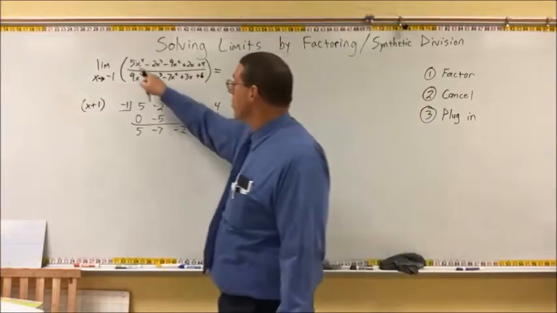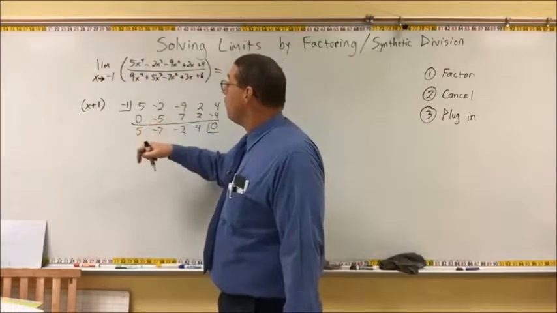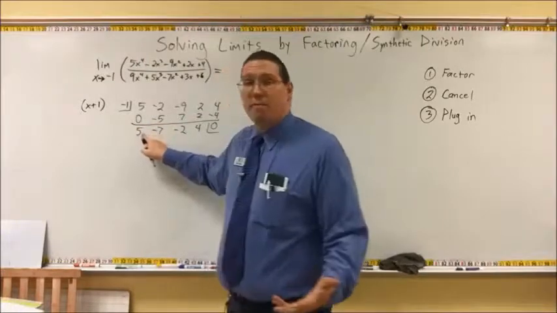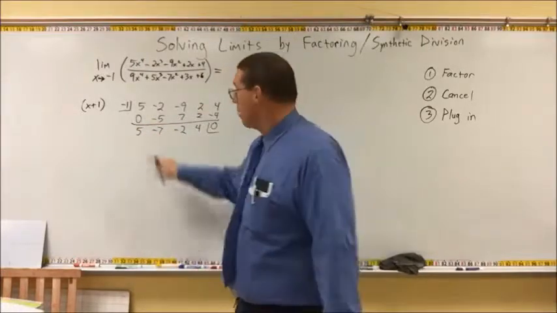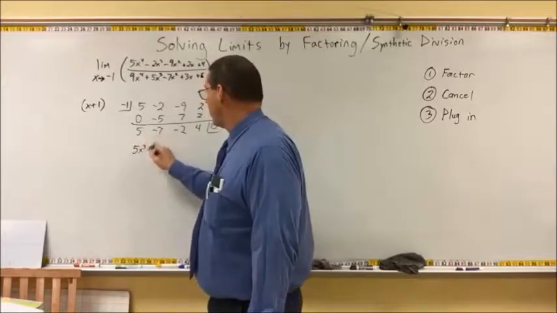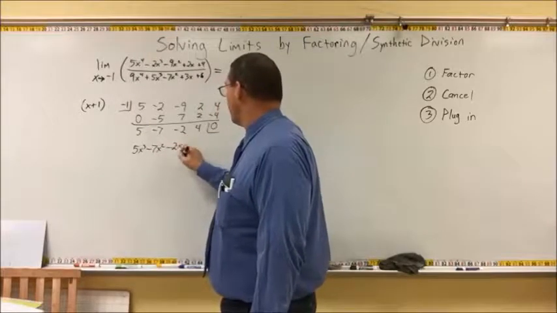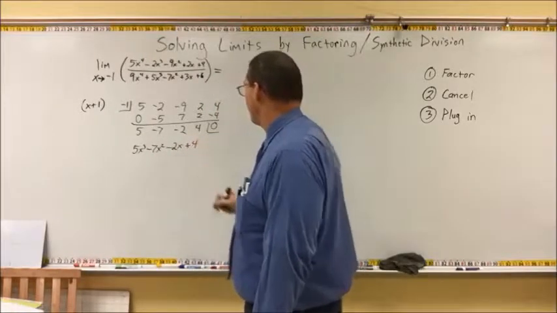Since the degree, or the highest power of this polynomial, is 4, we know that this one is going to have the highest power of 3. So it's going to be 5x to the third minus 7x squared minus 2x plus 4. Okay?